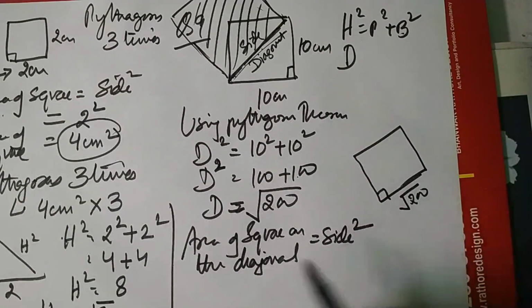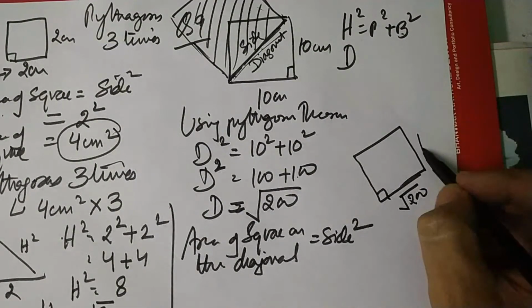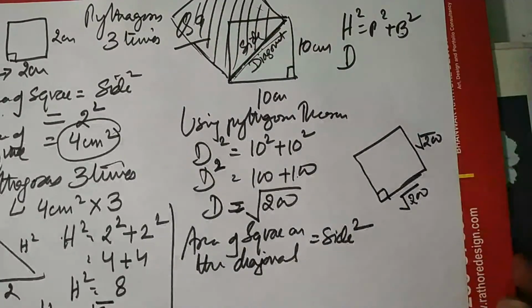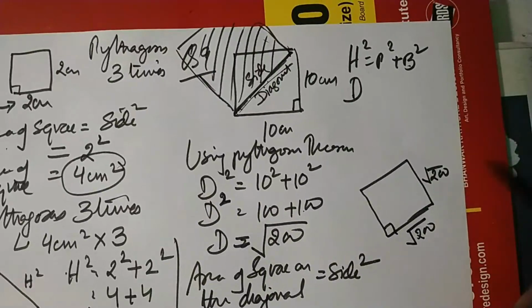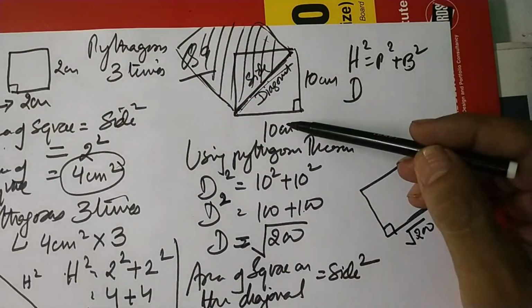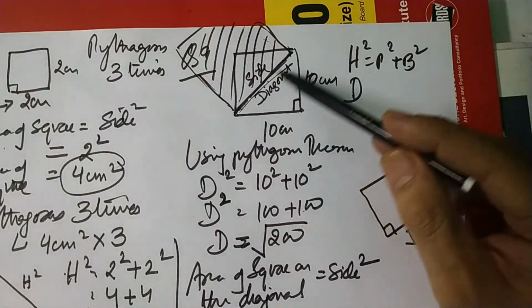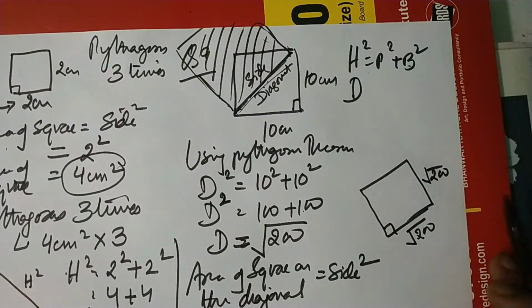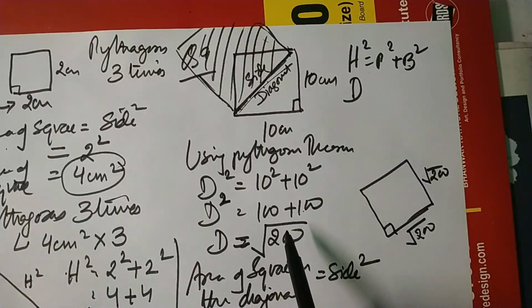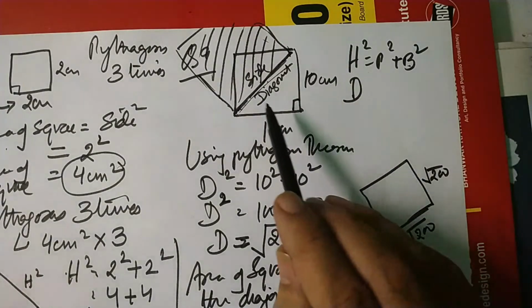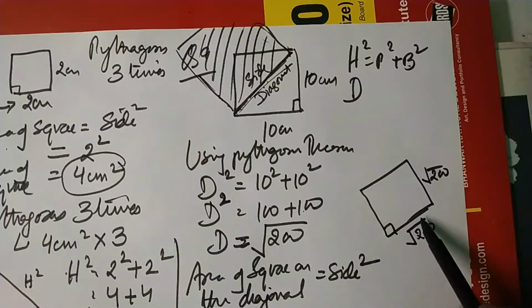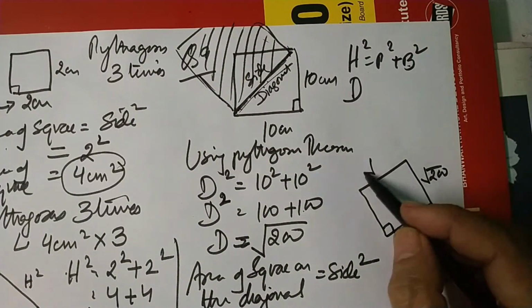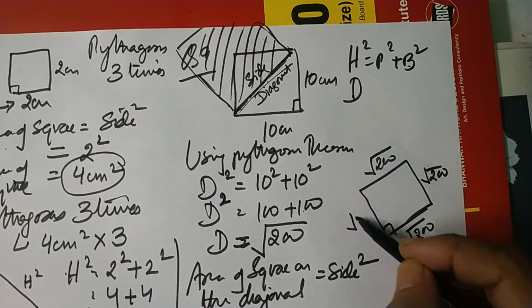So what is the side? Side is under root of 200. Got it? See, using this 10 and this 10, I have found the diagonal under root of 200. You can see how it came. Now this diagonal becomes the side of the square. So since this is under root of 200, all the sides will be under root of 200 because it is a square.